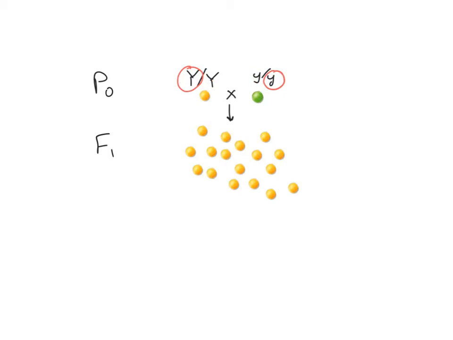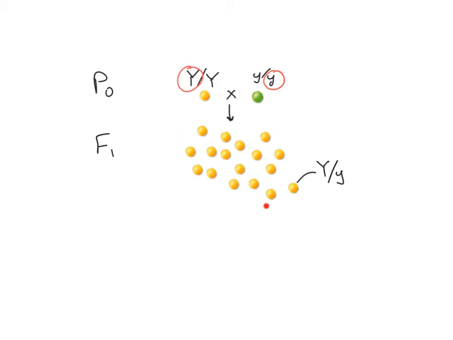So we know if we set a pure breeding cross, every single F1 individual is going to have the same genotype, which is they inherit a capital Y from their father and a lowercase y from their mother. So every single one of these individuals in the F1 generation has this genotype, capital Y over lowercase y, and then we look at their phenotype.